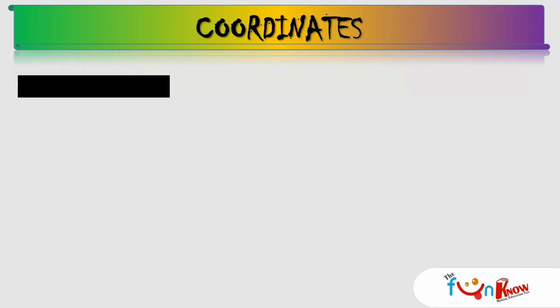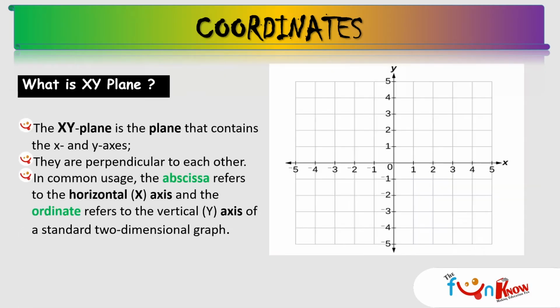Now students, let us understand what the x and y planes are. Whenever you are told to draw a graph, remember, while drawing a graph or coordinates, you have to draw the x and y plane. The x and y plane itself says x-axis plus y-axis.